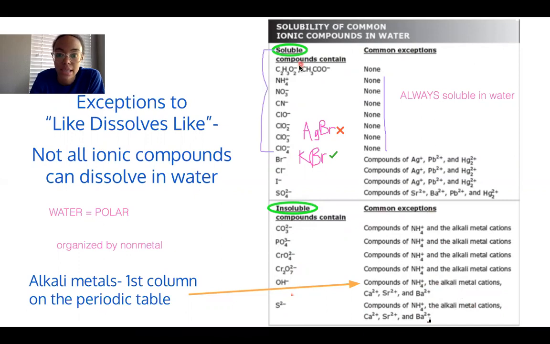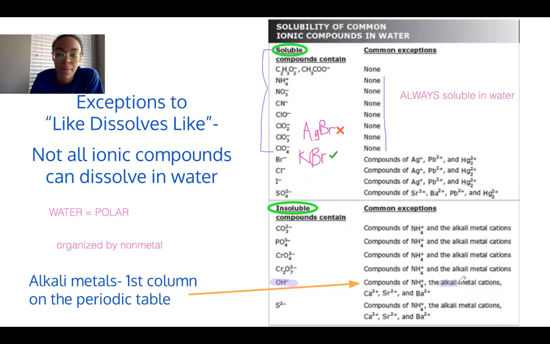So for example, this is one that we worked with earlier in the year, OH. OH, or hydroxide, no matter what it's with, is normally insoluble in water. It's listed under insoluble. Exceptions to that contain NH4, which is ammonium, the alkali metals, Ca, Sr, and Ba.